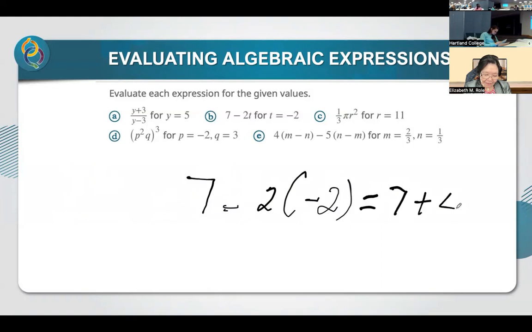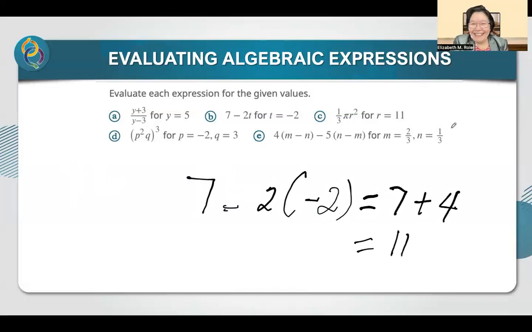So we'll now have 7 plus 4 is equal to 11. That's great.